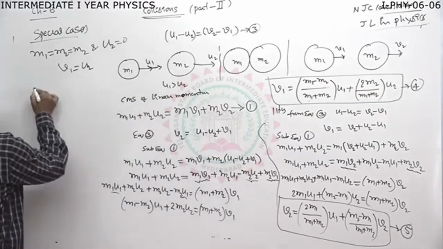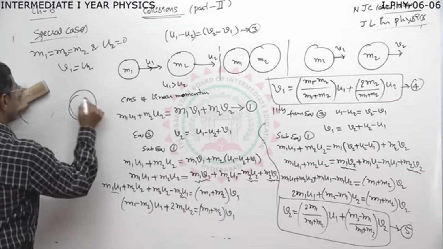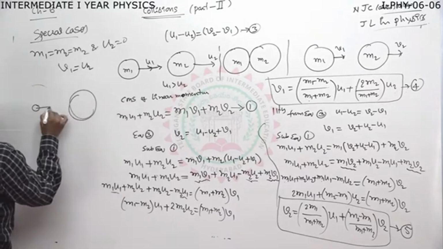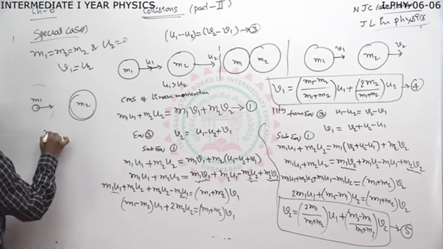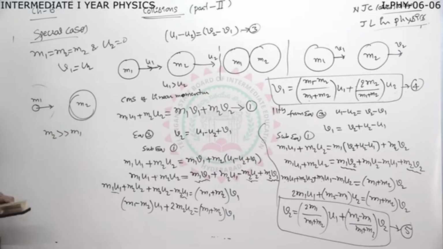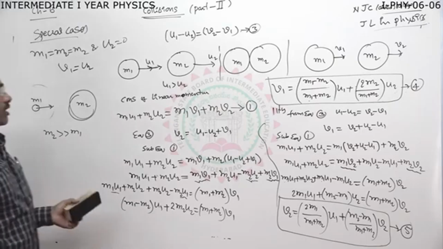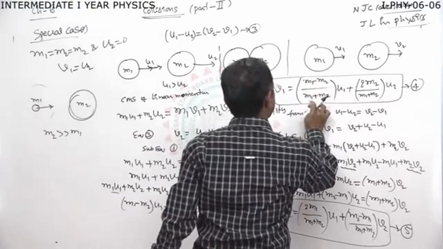Similarly, imagine a huge ball is there, and a very tiny ball is colliding like this. This is M1, this is M2. Here M2 is very huge compared to M1, very large. So M1 is negligibly small. In this case, what happens? See here, M1 is very small, you just ignore it.